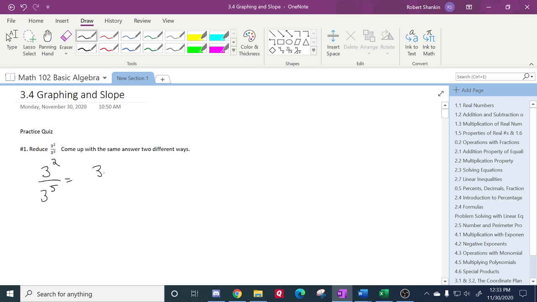Here's one way to do it. Five 3's in the bottom, 2 of them on the top. Divide by 3 and you get 1. And then multiply together and you get 1 over 27. Okay. Another way to do it.